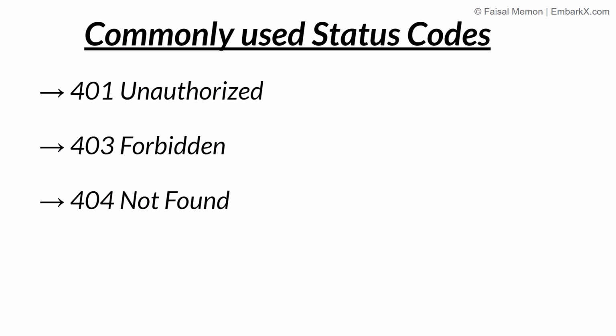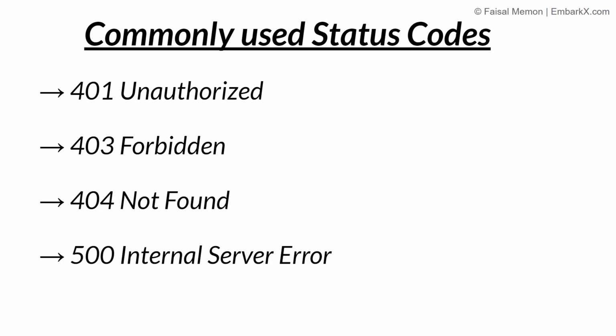So if you're trying to access a URL that does not exist, you get a 404 error. Then you have 500 internal server error. This means that whenever you're sending a request to the server and there has been an unexpected condition because of which an error has occurred on the server, you get 500, which indicates that some issue has occurred on the server.